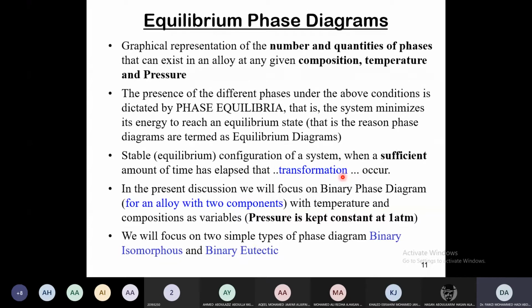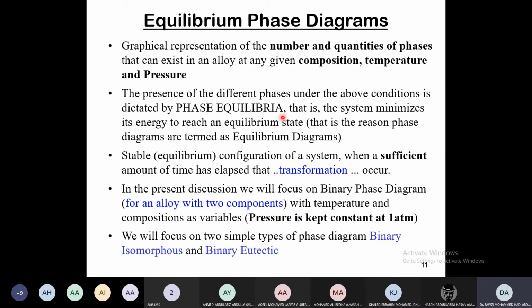If you are cooling down faster than the diffusion process, then the diffusion process will not be complete. At the end of the day, what you are going to get is a non-stable configuration, not a stable phase. The material will not be at its lowest energy level. Phase equilibrium is not achieved.